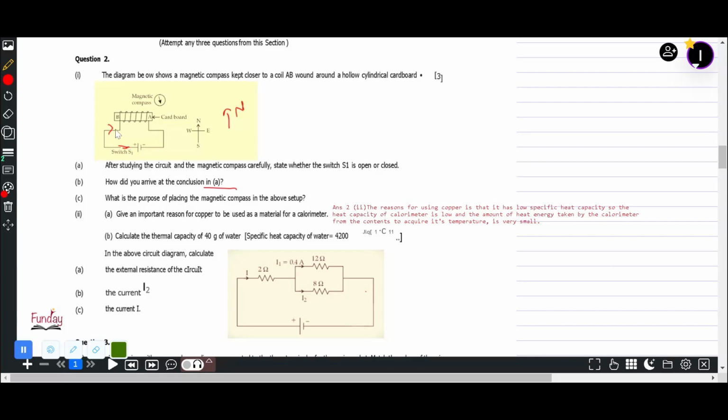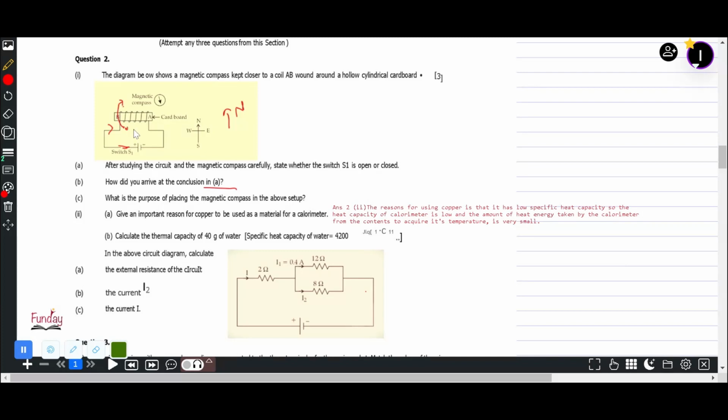Current will flow in this direction, and when current is flowing in this direction, there will be a magnetic field opposing the Earth's magnetic field. So in this direction, the magnetic field will be as if it is coming from here and going to this point.